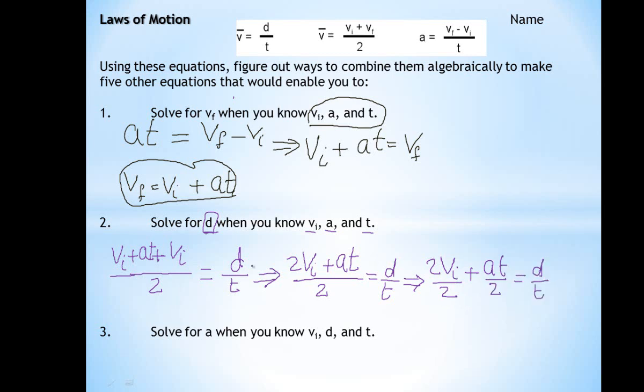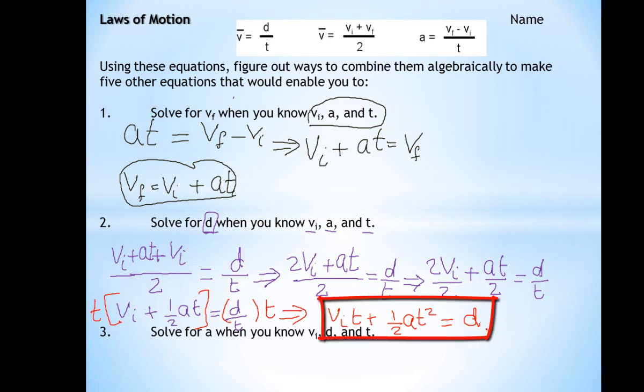The 2 will cancel out with the 2 here, so we'll have vi plus a times t over 2, which is basically vi plus 1/2 at, equal to d over t. In order to get rid of the t in the denominator, we can multiply both sides of the equation by t. On the left hand side, it will be vi t plus 1/2 a times t squared. This will be equal to d. And this will be the last equation.